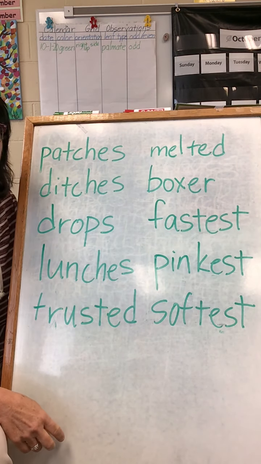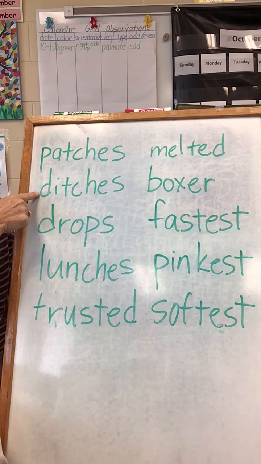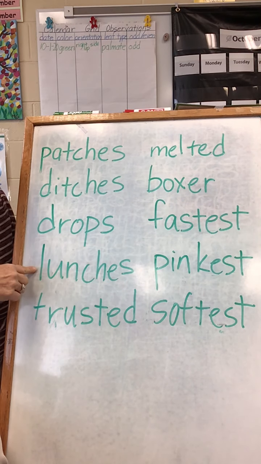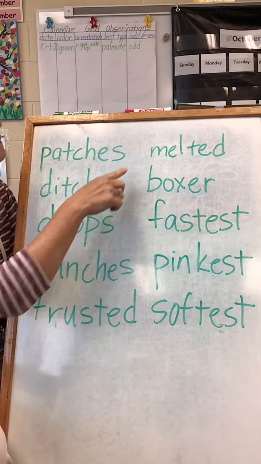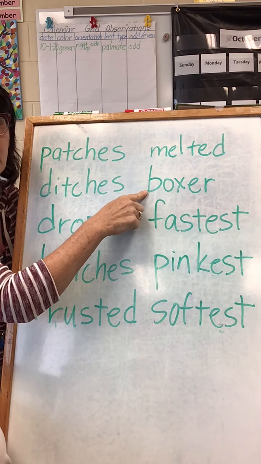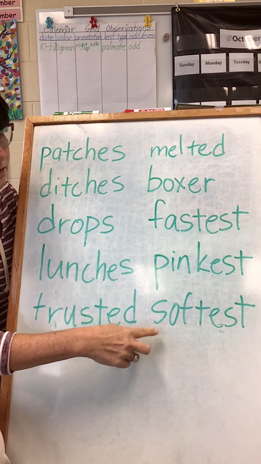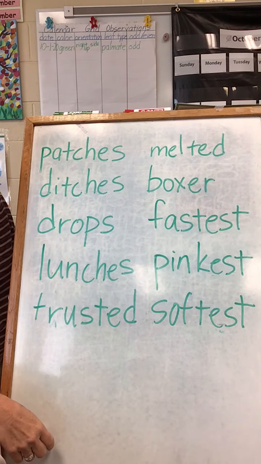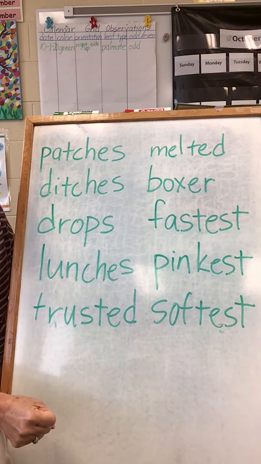Okay, so now we are going to read these medium fast. Patches, ditches, drops, lunches, trusted, melted, boxer, fastest, pinkest, softest. Okay? I am going to give you a quick quiz for just a second.